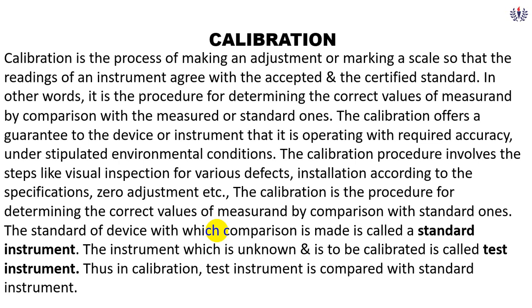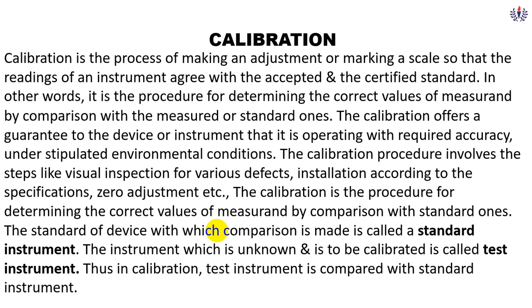Calibration offers the guarantee that the instrument is operating with required accuracy under stipulated environmental conditions. The calibration procedure involves steps like visual inspection for various defects, installation according to the specifications, zero adjustments, etc.